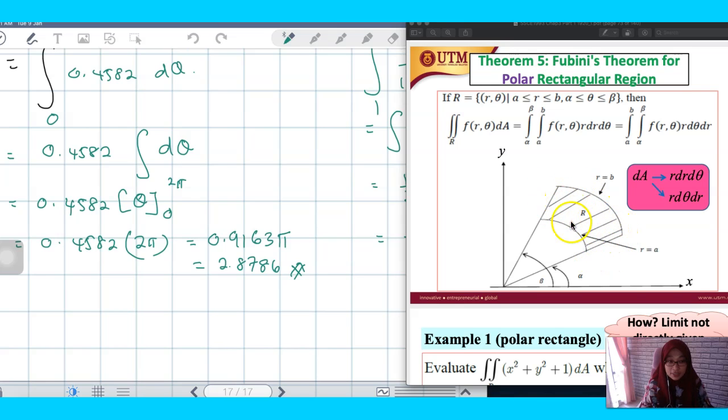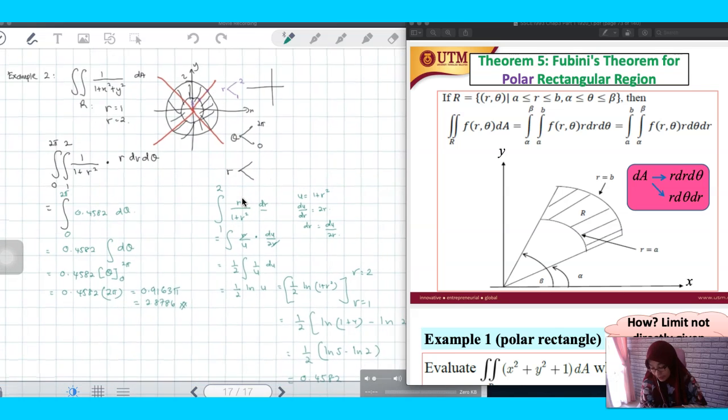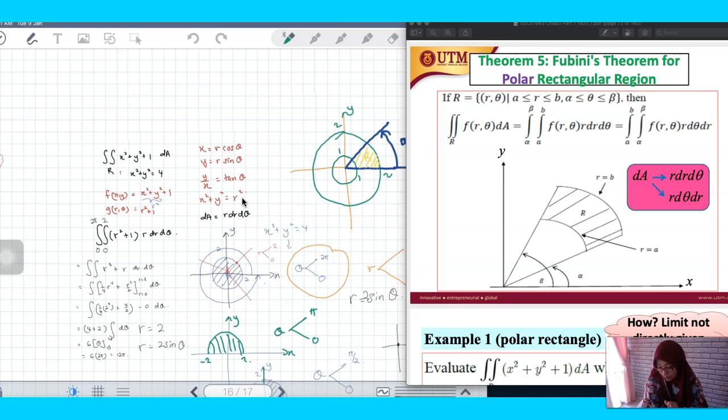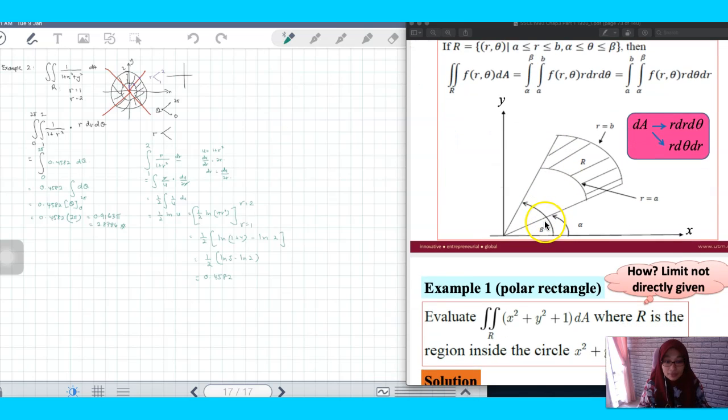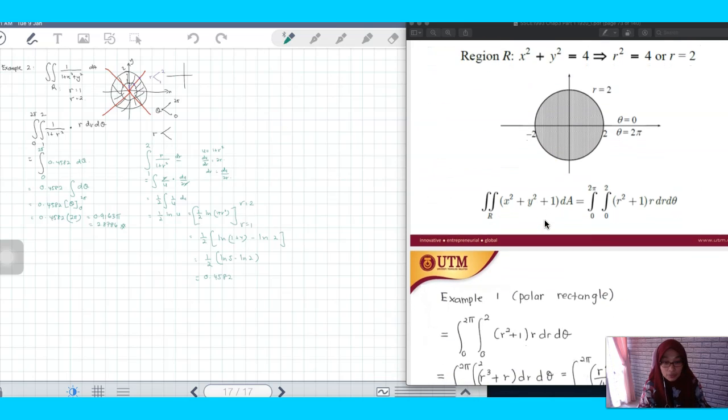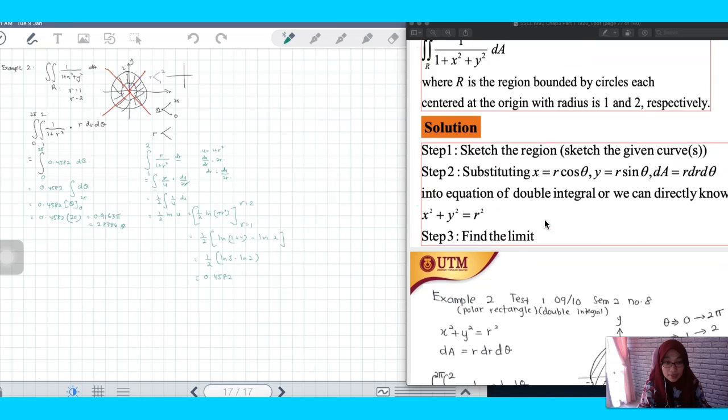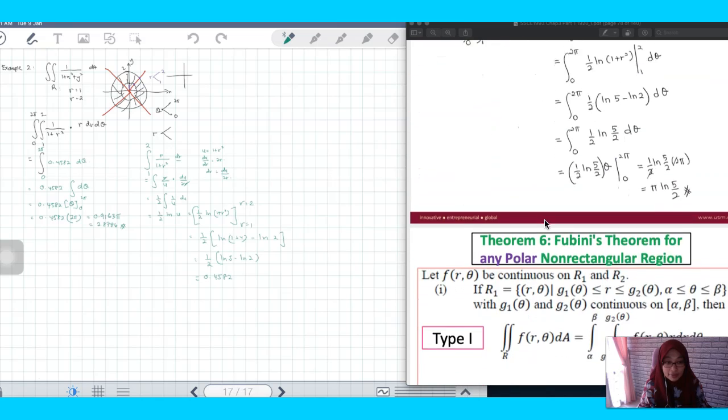So you have this particular shape. The way you determine the limits is just like what we have done for example 1 and example 2.